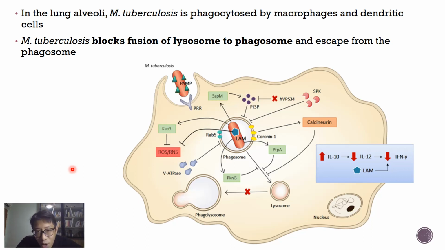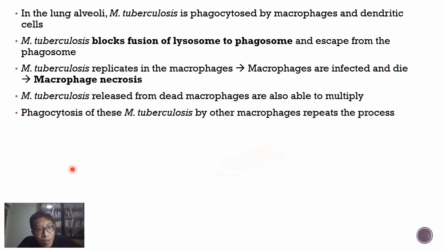What happens is that Mycobacterium tuberculosis is able to not only block the killing of itself by the lysosome, it is also able to escape from the phagosome and get into the cytoplasm of the macrophage, where it replicates.